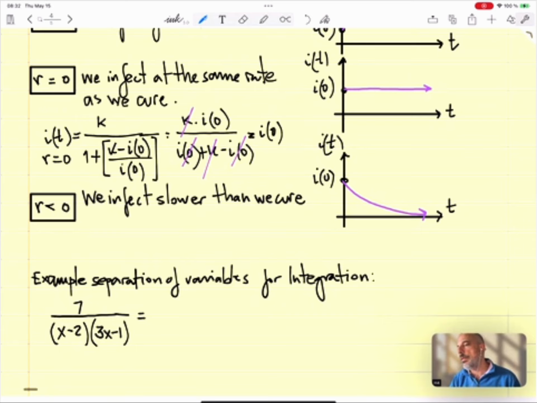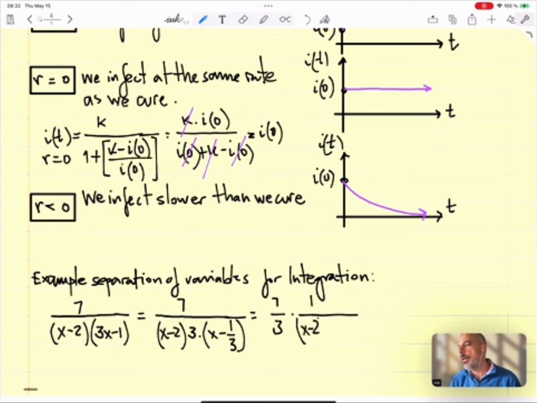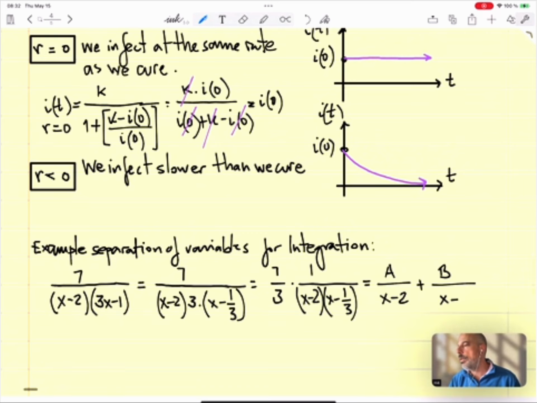So what we do is we take the 3 out because we need the x alone. So this is 7 divided by 3 times 1 divided by (x minus 2)(x minus 1/3), and this is a divided by x minus 2 plus b divided by x minus 1/3.